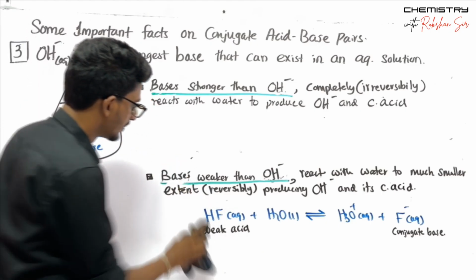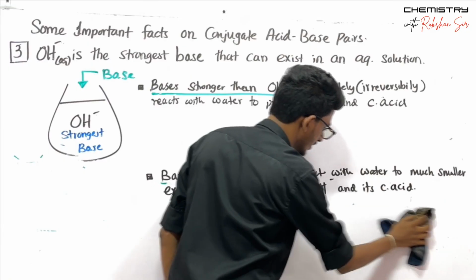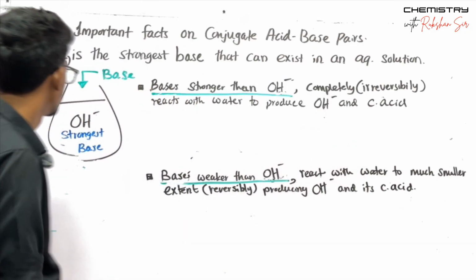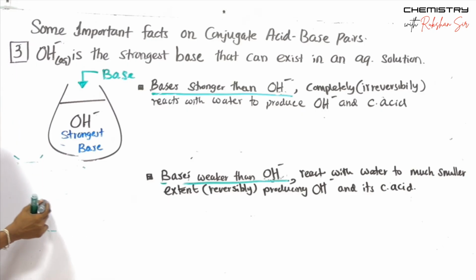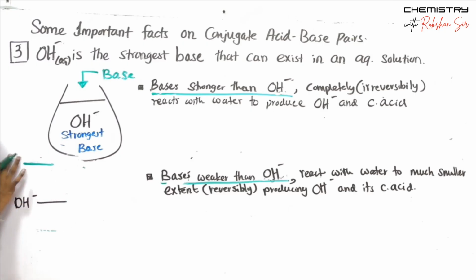Okay, let's look at some examples for this, with the same logic. This is the level: OH minus. If you come up with species of greater basicity, like O2 minus, those can't appear there.